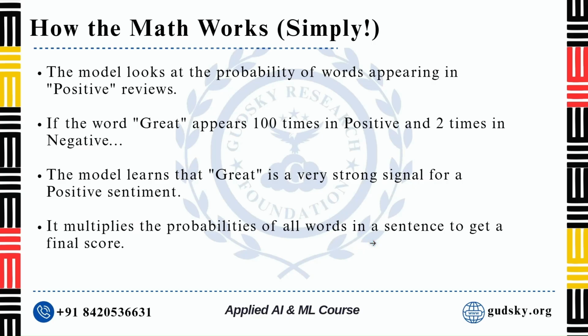When you give it a new sentence, it multiplies the probabilities of all the words together to see which sentiment wins the math better. Here, this is how our model is working and selecting which words are used for the positive sentiment and which are used for the negative ones.